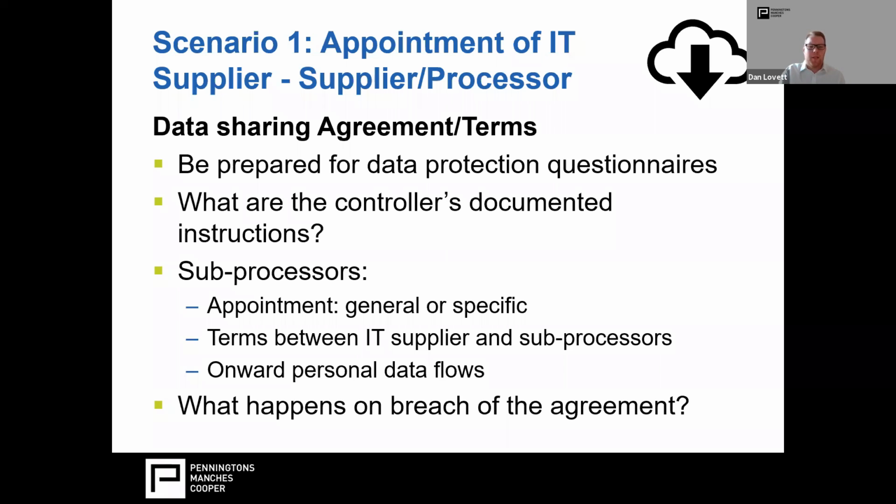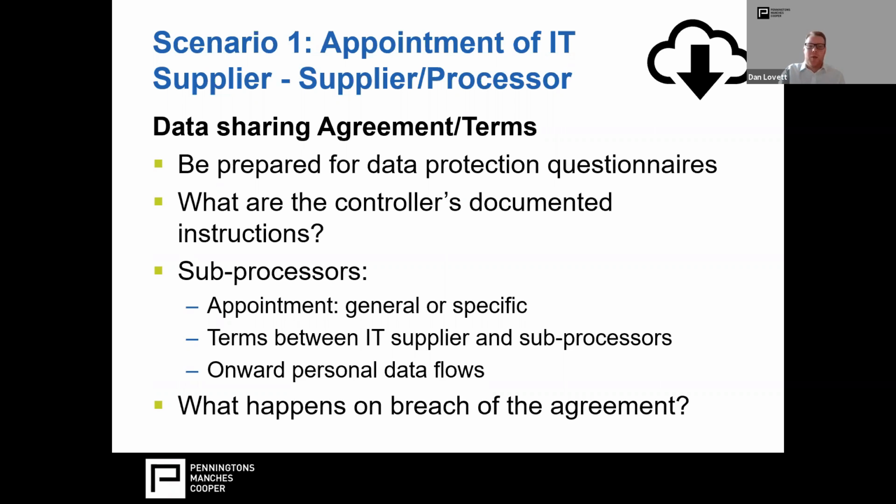The next point to talk about is terms between our IT supplier and its own sub-processors. Sub-processors must be engaged by imposing the same data protection obligations as imposed on the original processor, our IT supplier. So the same doesn't mean the same words. What we're looking at is the same obligations, which is much better, but still can lead to some problematic issues.